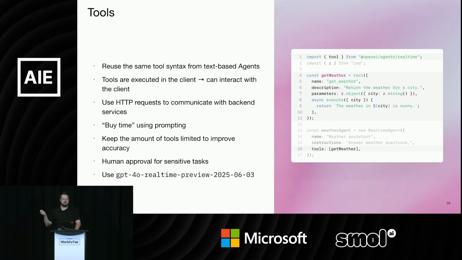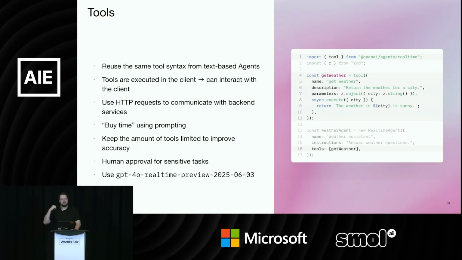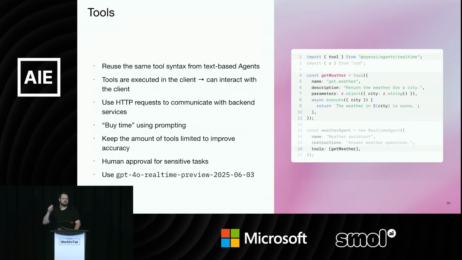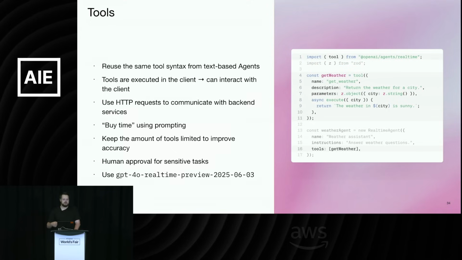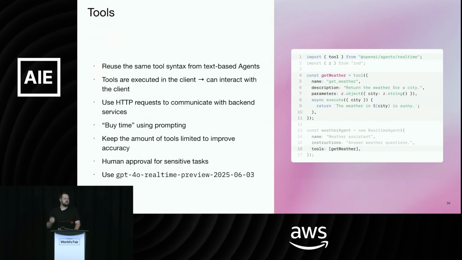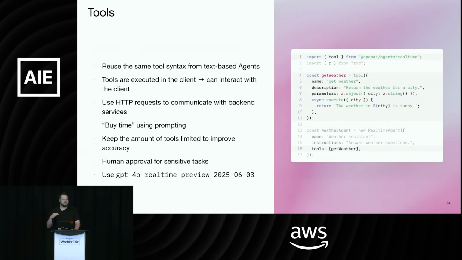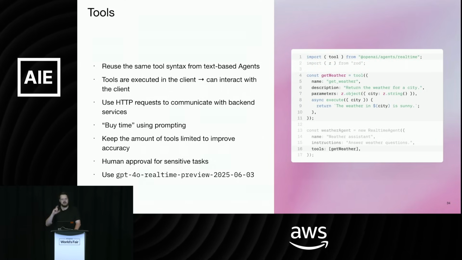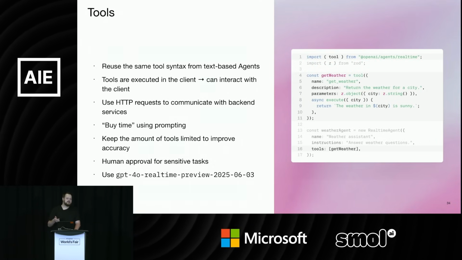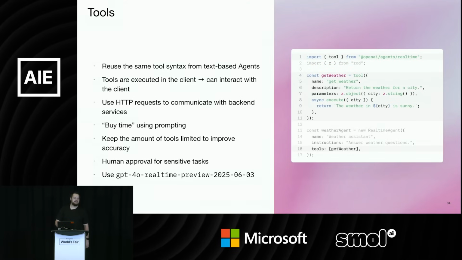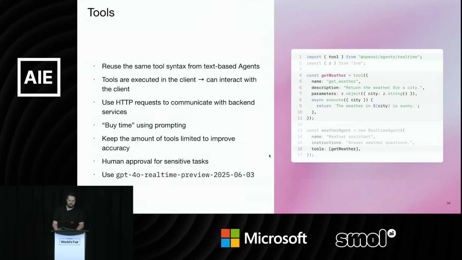For example, if you know a task is going to take longer, start the task, give it a task ID, and have the agent have a tool to check on the status. That helps, because while the tool call is going on, the model is sort of stuck.